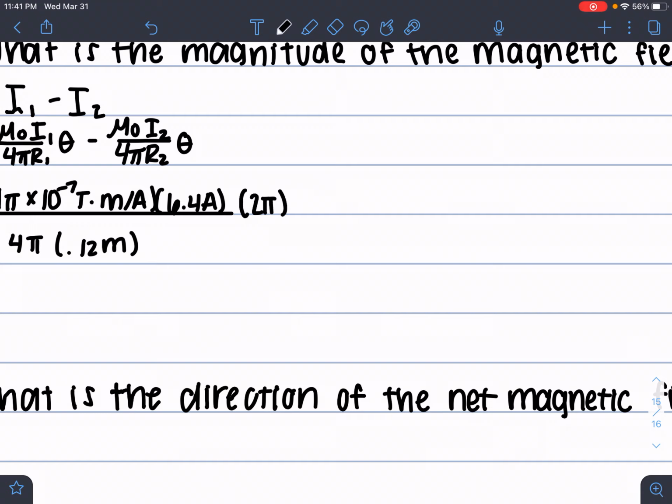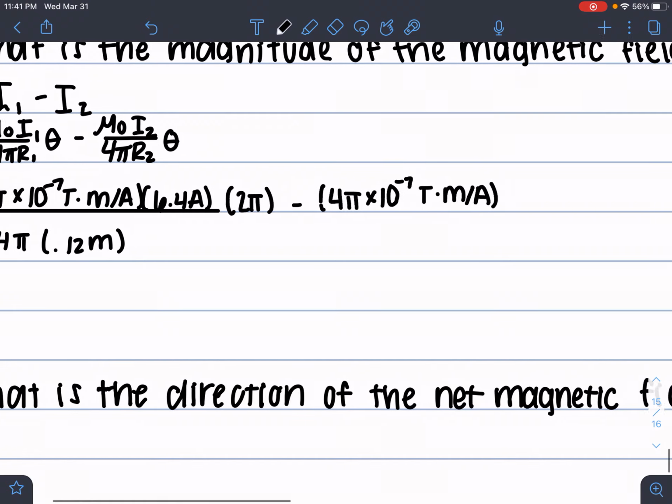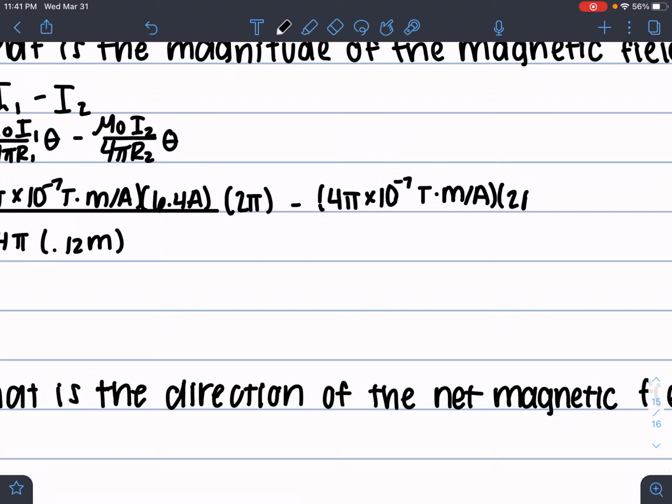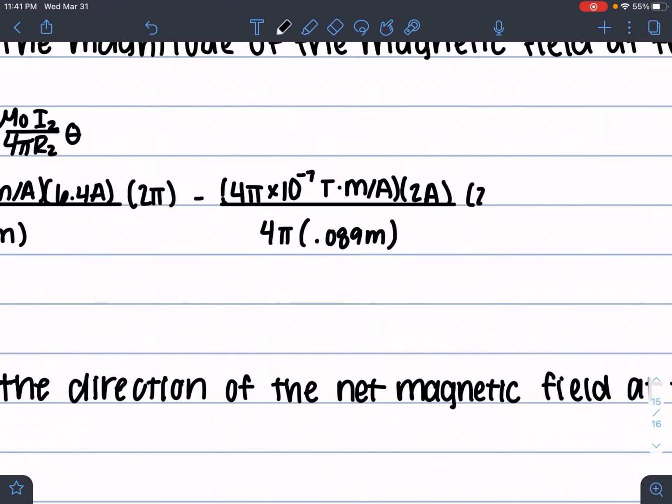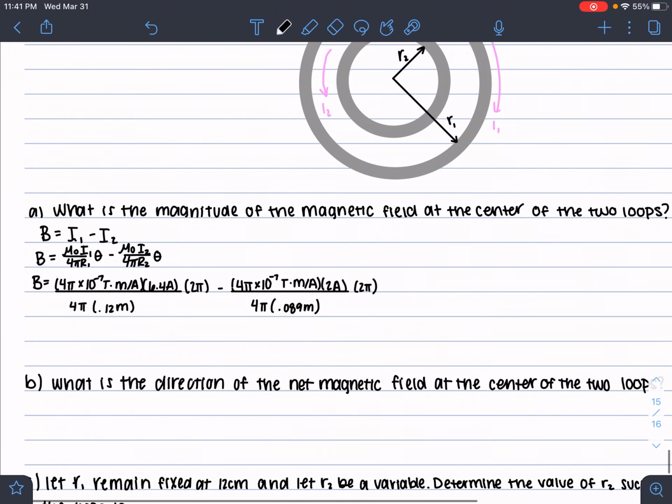So multiply by 2 pi minus 4 pi times 10 to the negative 7th teslas times meters per amp times 2 amps over 4 pi times radius 2, which is 0.089 meters, times 2 pi.